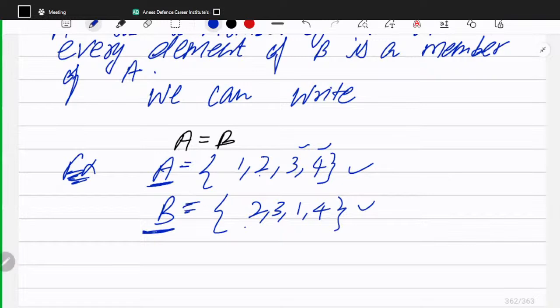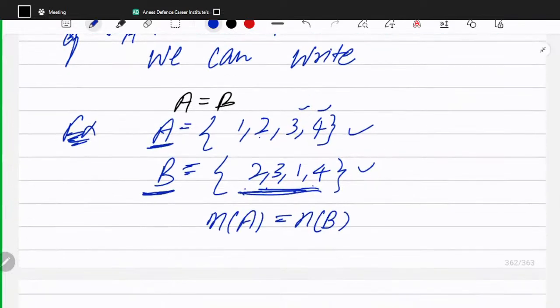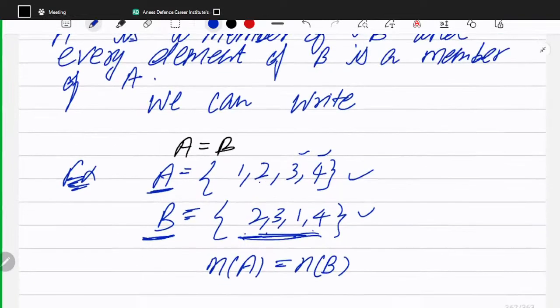Their position changes, but they must be equal because the same elements are here and their cardinality is equal. That means n(A) is equal to n(B) and the elements are also the same. That means both sets are equal.